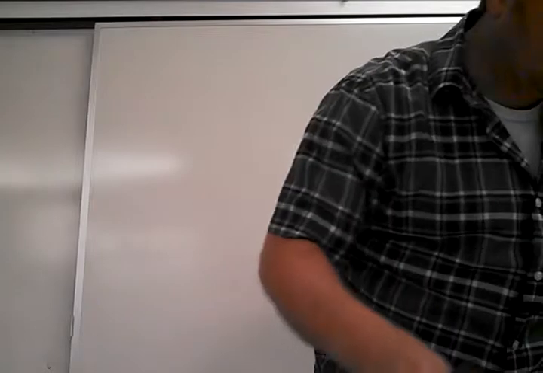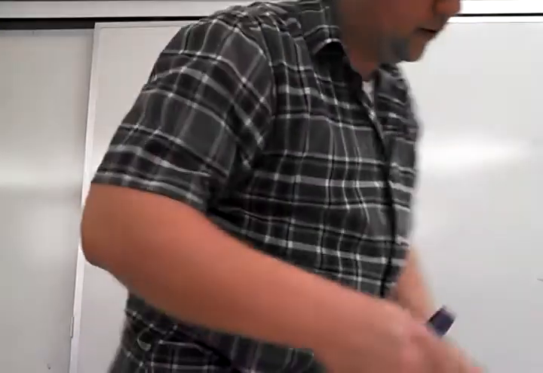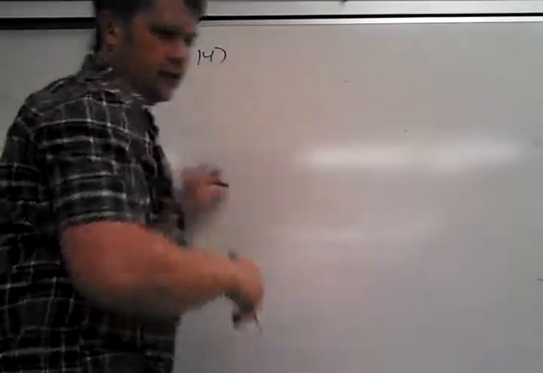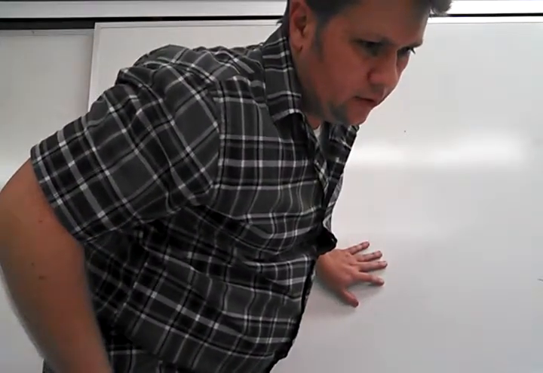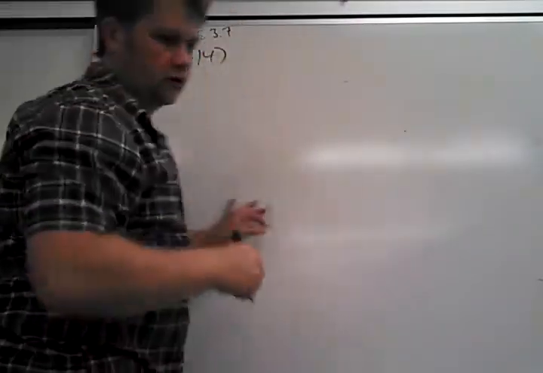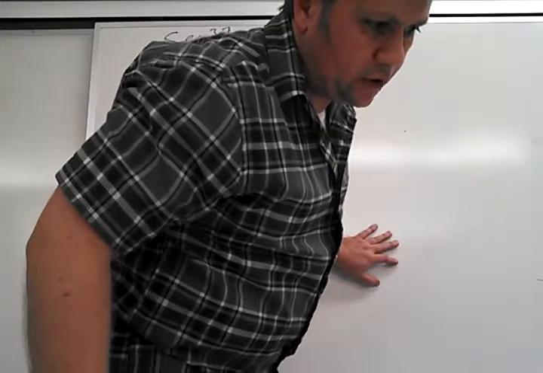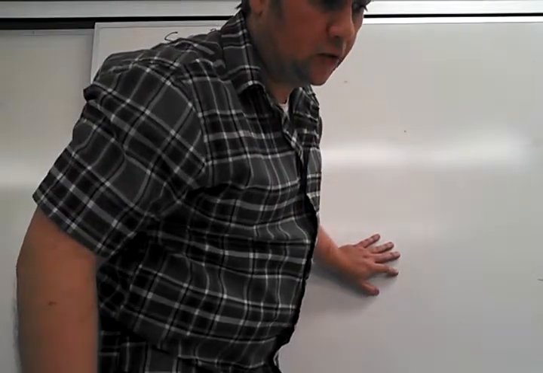Number 14 looks neat. Let's see. It says, a stone is dropped into a lake. This is section 3.7, by the way. Right. A stone is dropped into a lake, creating a circular ripple that travels outward at a speed of 60 centimeters per second.